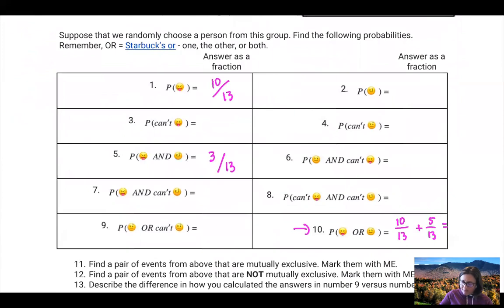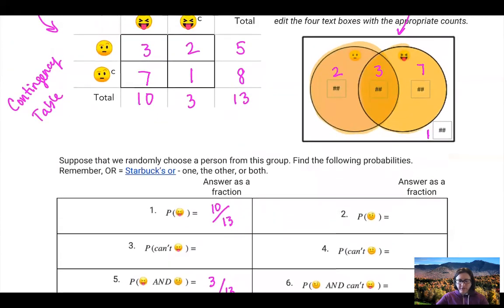So if I add those up, remember when you add fractions, just add the tops, don't add the bottoms, I get 15 out of 13. And hopefully you can see that something is happening that's not right. I can't have over 100% of the people be able to do both of those things because, first of all, I know that's not true. I've got one person that can't do either of them. Second, how do you have a percentage over 100%?